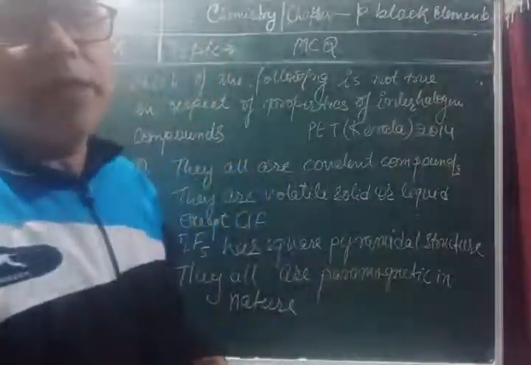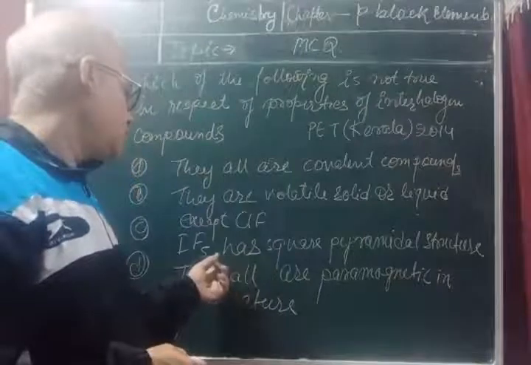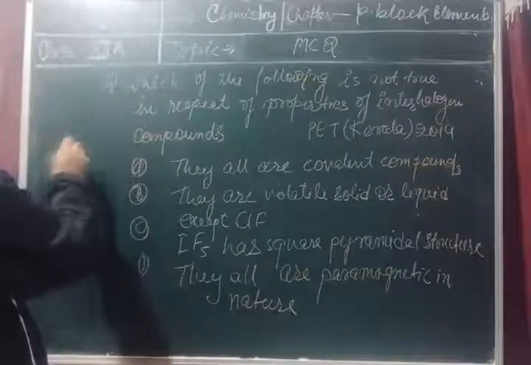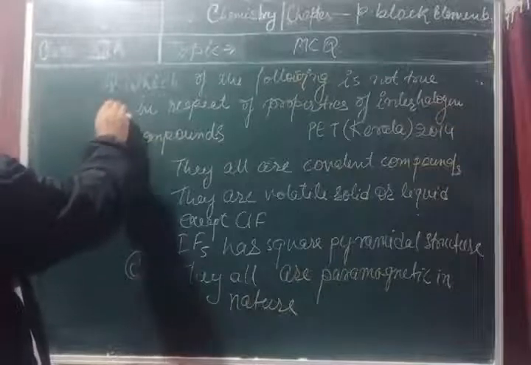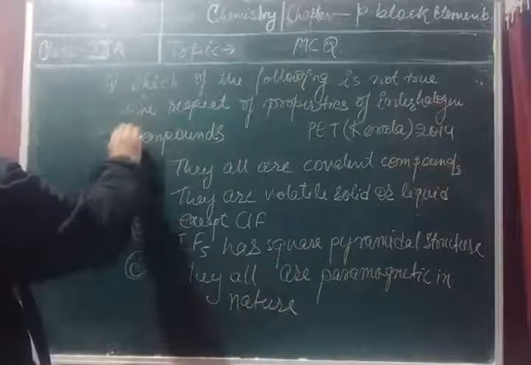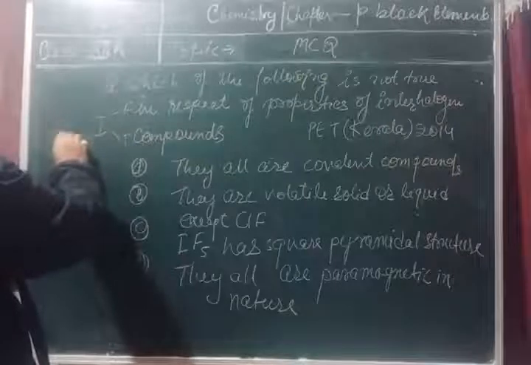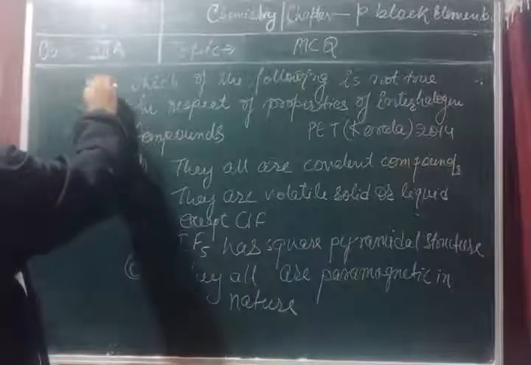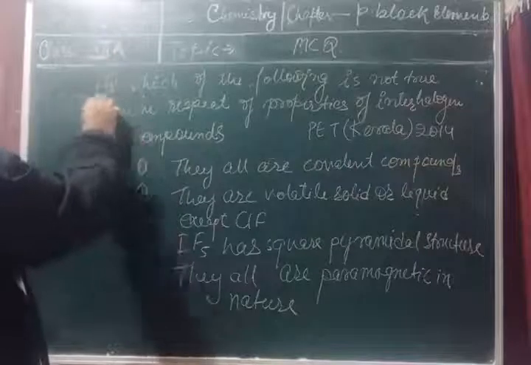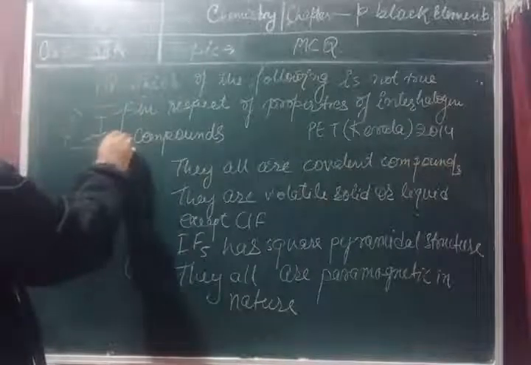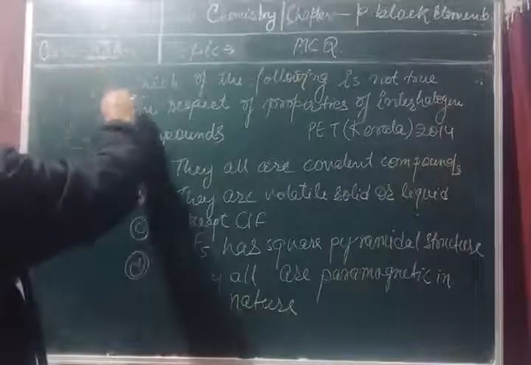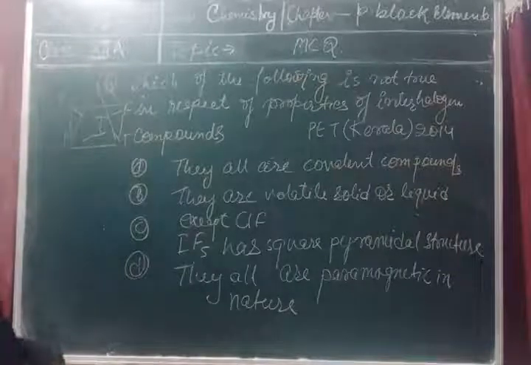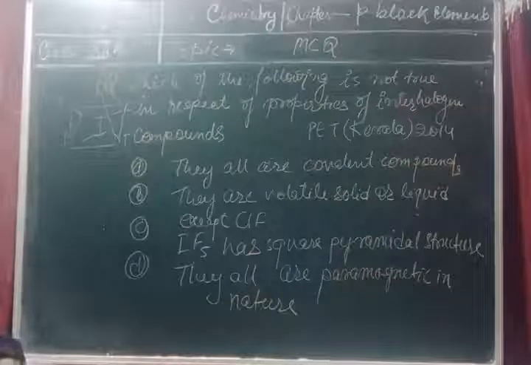This one is also right, because if here is the I, and here are five F's, then you can see this is a square pyramidal structure.